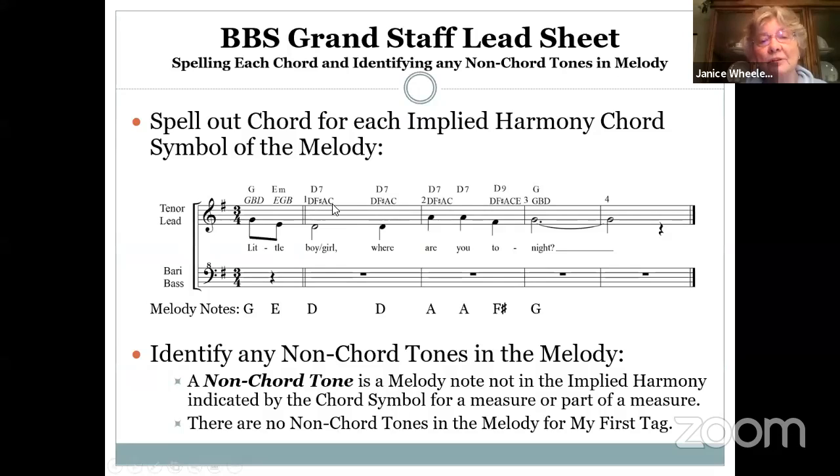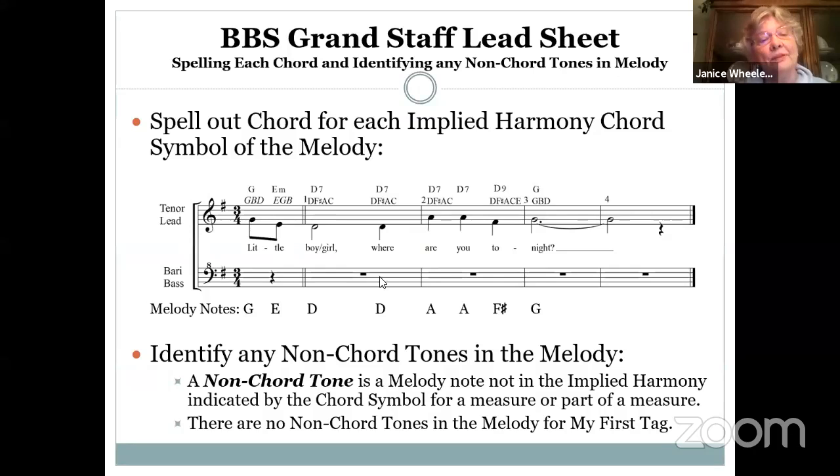The D7 is B F sharp AC. The D9 is B F sharp ACE, and then again we're back to G major, which is spelled GBD. And if you have any questions about those chord spellings, you can go back to the previous sessions where we found all those chords.